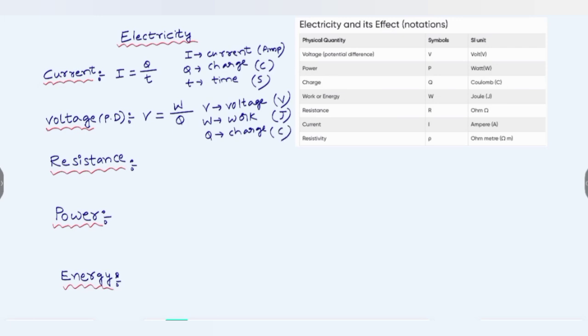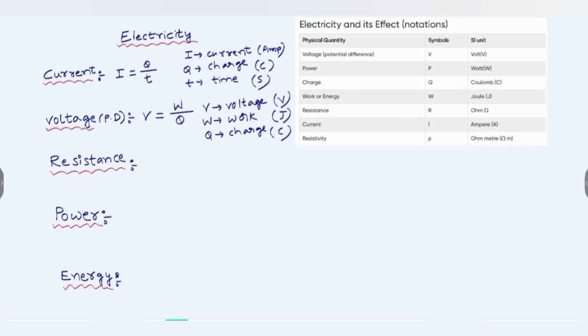Now coming to the third important definition, that is resistance. This formula we derive from Ohm's law. What does Ohm's law state? Ohm's law states that at constant temperature, the potential difference across the circuit is directly proportional to the current flowing through the circuit.